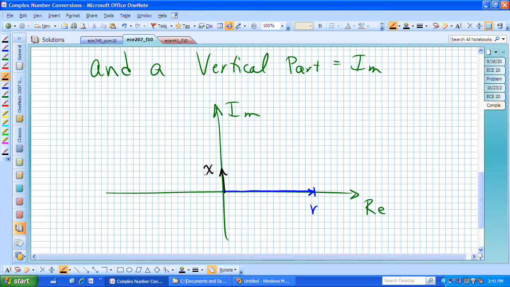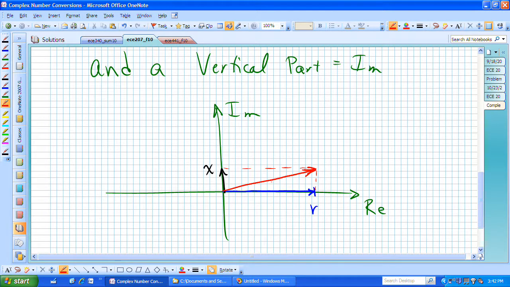Then the complex number is really just the vector sum of those two orthogonal directions, and we can find its length by looking at the hypotenuse, or the diagonal in this box that we've drawn, with one side being the real part and the other side being the imaginary part.